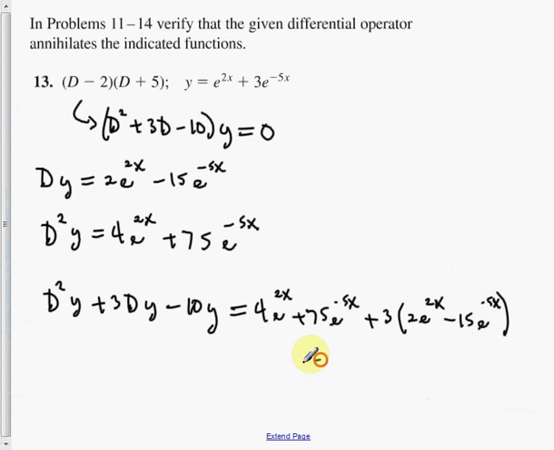And then this is minus 10 times y, and y is this guy right here. So minus 10 times e to the 2x, minus 10 times 3 is minus 30 times e to the negative 5x.